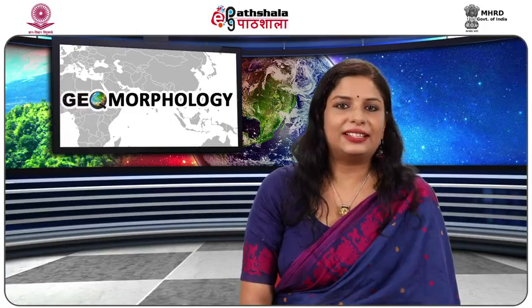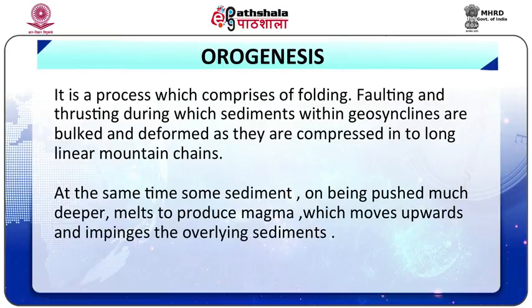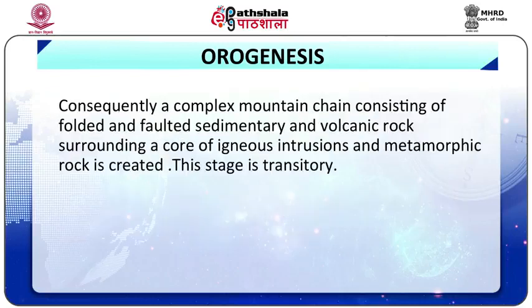Next is orogenesis. It is a process which comprises folding, faulting and thrusting, during which sediments within geosynclines are bulked and deformed as they are compressed into long linear mountain chains. At the same time, some sediments, on being pushed much deeper, melt to produce magma, which moves upwards and impinges on the overlying sediments.